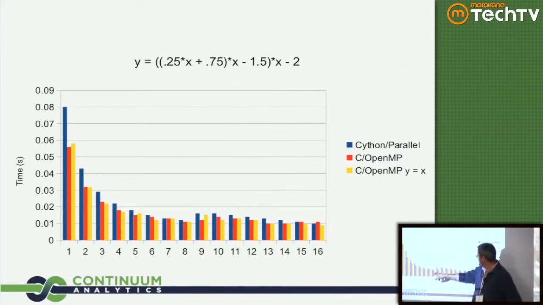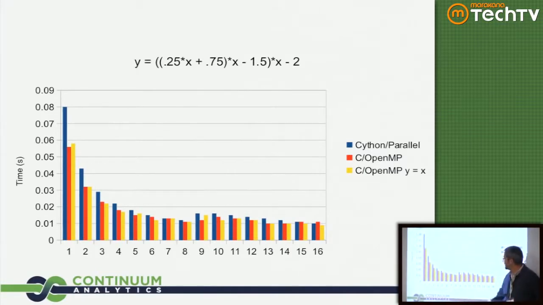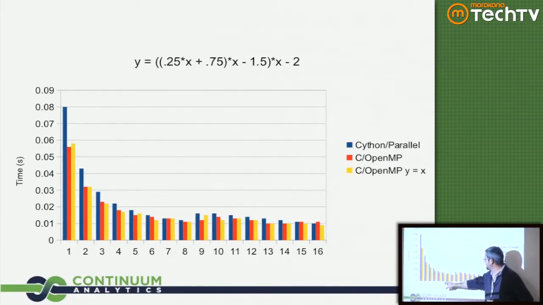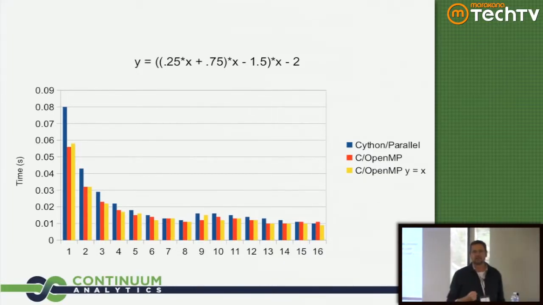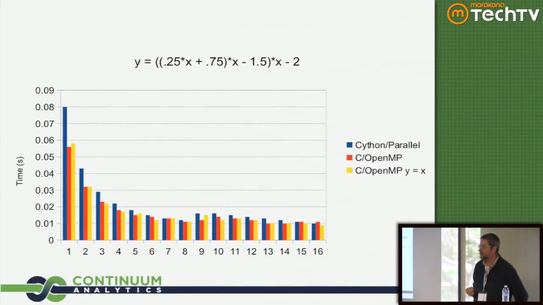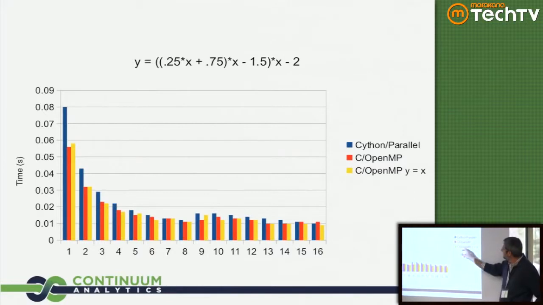Okay. And in fact, for 8, the time is more or less the same. Even for 7, the time is exactly the same as using the pure OpenMP C version. So that means that with Cython, you can actually get all the performance from your applications. Okay, that's really interesting.